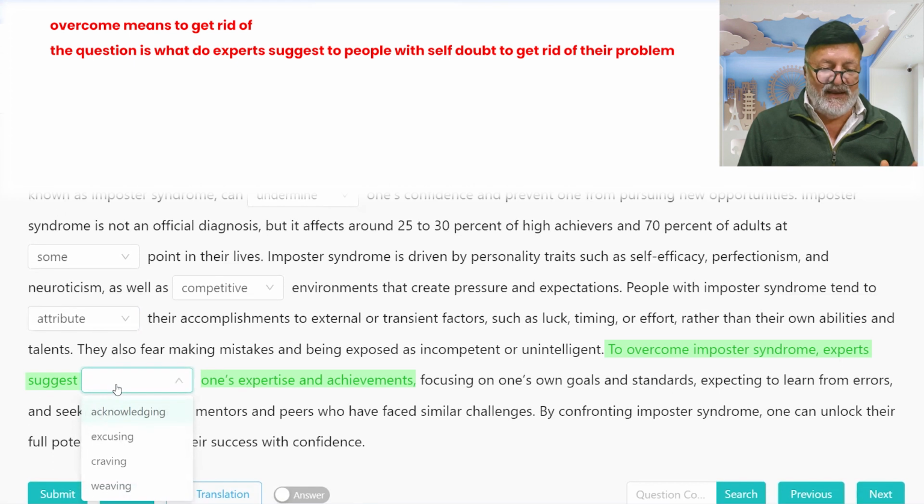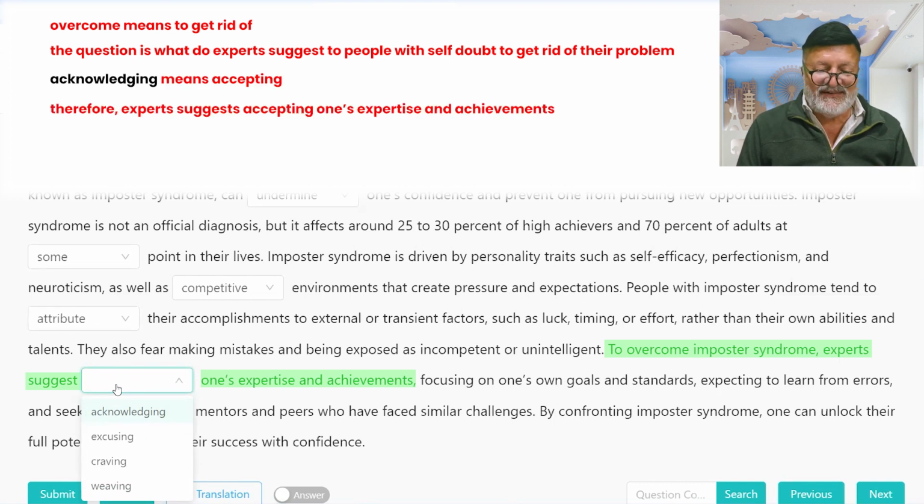The choices are acknowledging, excusing, craving, and weaving. Acknowledging means accepting. Therefore, experts suggest accepting one's expertise and achievements. We need not look at the other choices and straight away mark acknowledging.